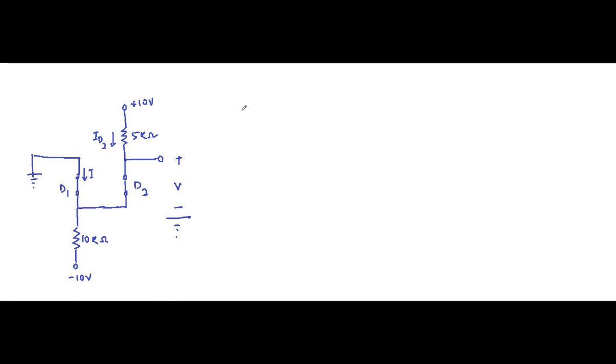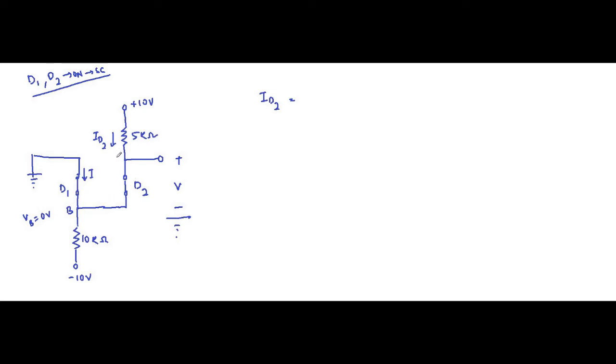Again we have assumed D1 and D2 are on. On means short circuited because they are ideal diodes. VB here will be 0 volt because it is directly connected to ground.